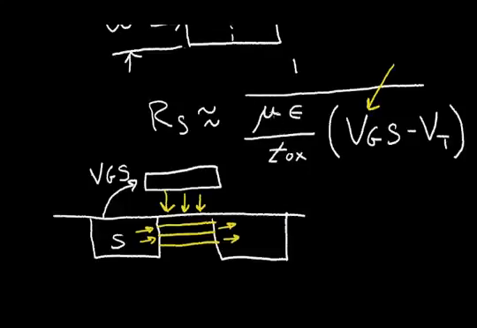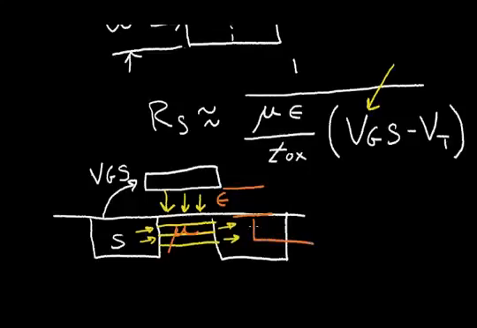So let me explain what this mu term is. This mu term is the channel mobility in this region. This epsilon term is the permittivity of the glass region, or the region under the gate electrode. And this TOX is the thickness of this region under the gate electrode.